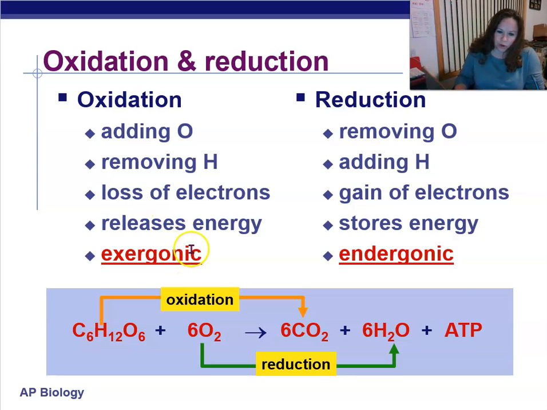That's a review term that we've already had. Reduction reactions remove O, but I'm not too worried about that. It's this: adding hydrogens is another way to reduce something, which remember, if you add a hydrogen, then you're adding electrons. This actually stores energy, so it's endergonic.